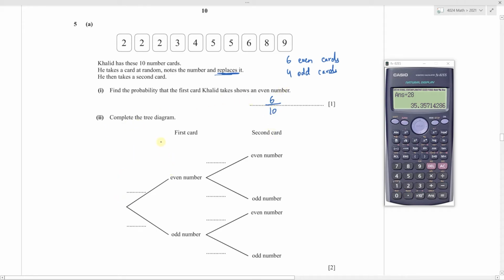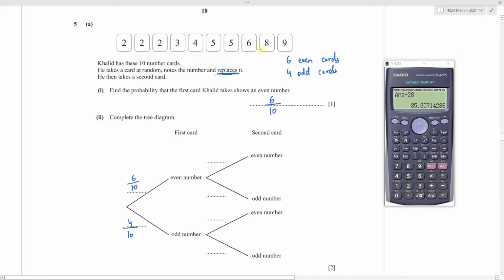Complete the tree diagram. So what is the probability that the first card taken is an even number? It's 6 out of 10, because you have 6 even cards and 10 total cards. And then the first card is an odd number: the other 4 are odd out of the total 10. Then you're taking the second card, and remember he takes the card, notes the number, and replaces it, meaning he puts the card back into the deck before taking the second card.